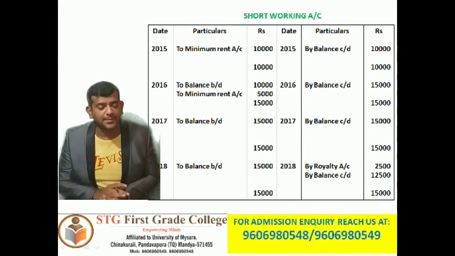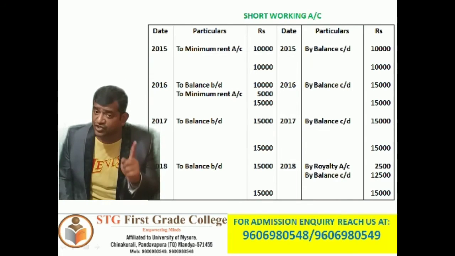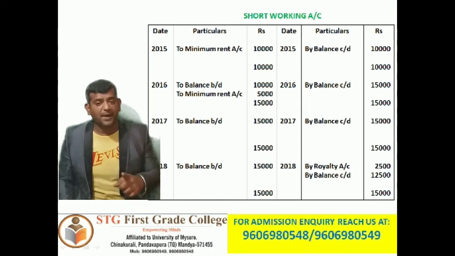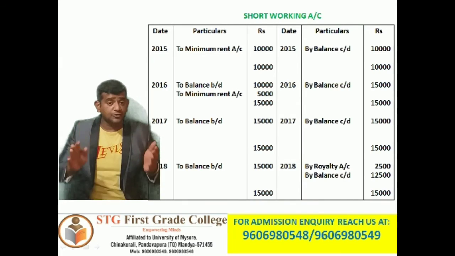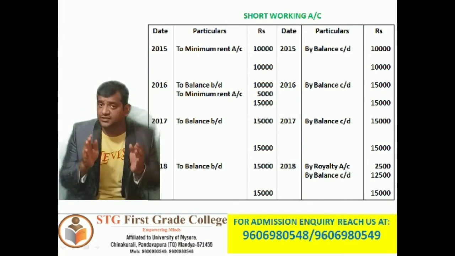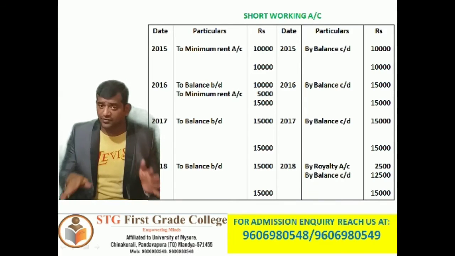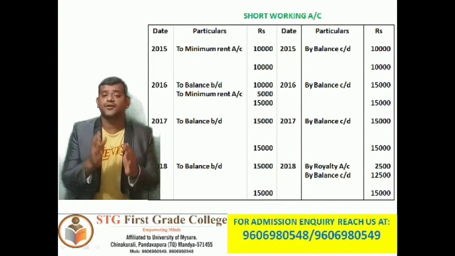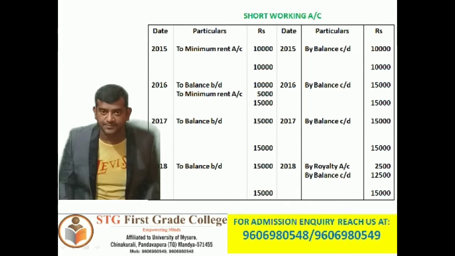So we could recover only 2,500 that has been transferred to royalty account. By balance carried down 12,500 rupees. Now total both the side 15,000 and 15,000. Since in 2019 there was no short working or short working recovered, we are not showing that year entry in the short working account.